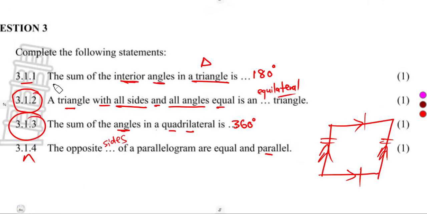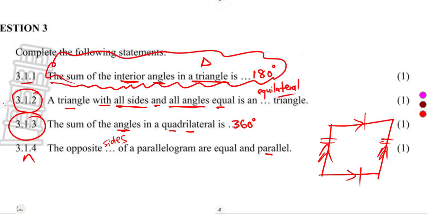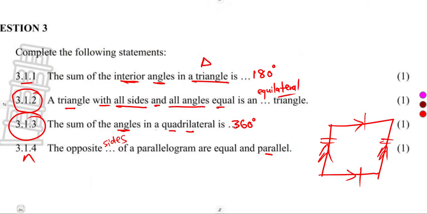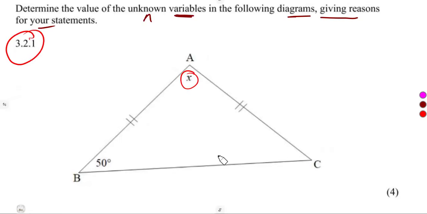Angles in a triangle. Remember, we just mentioned that sum of interior angles in a triangle, they add up to 180. We do know that these angles inside, they do add up to 180, but there is no angle C. If there was angle C, at least we can just add everything, then subtract from 180. So the question is, where can we have the angle that is at C?